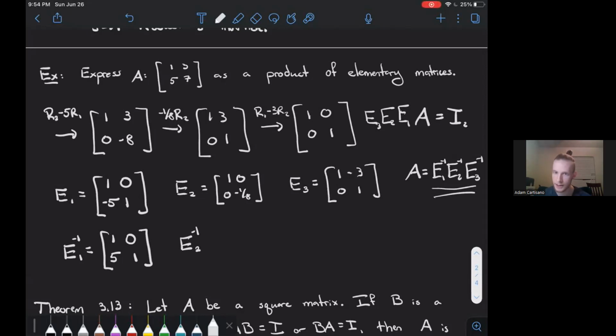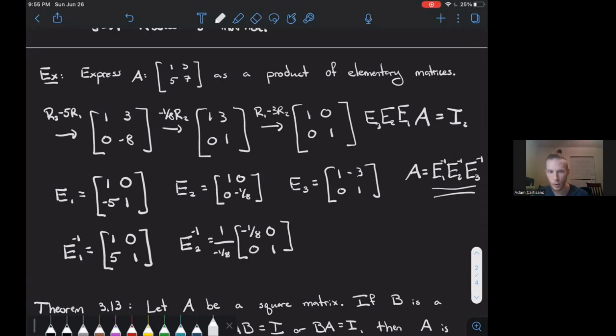And sure enough, AD minus BC is 1 times negative 1/8, which is negative 1/8, minus 0, still negative 1/8. So we have to do 1 over negative 1/8 times, flip the order, negative 1/8 and 1, and then negate the off diagonals, 0, 0.